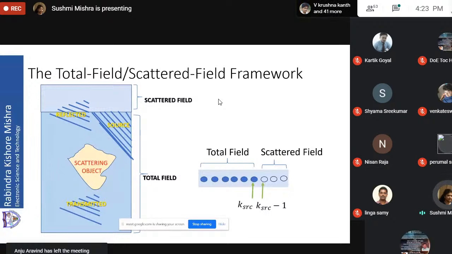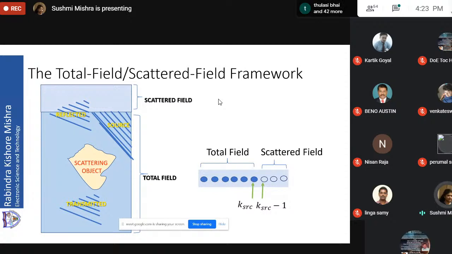And that gives rise to a typical problem. The boundary beyond which there is only scattered field, and everything before that boundary where there is total field, that creates a problem in formulating the FDTD. The reason is that in the FDTD, as we saw, we are taking grid points, and some grid points will be within the total field side.